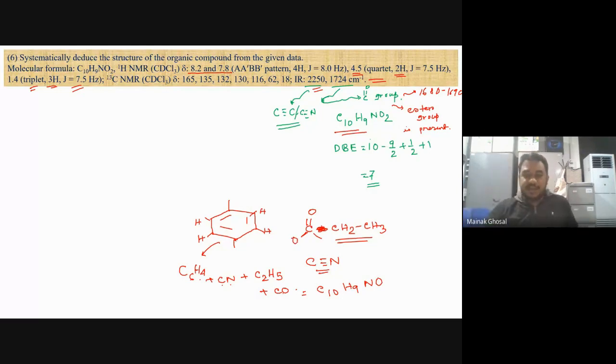Now where is the cyanide group present? The cyanide group is present here. But what about this ethyl group? Is it directly attached to this carbon? That is not possible, because if you see the CH2 hydrogens coming at 4.5, there is a high chance that it is attached to a heteroatom, oxygen.